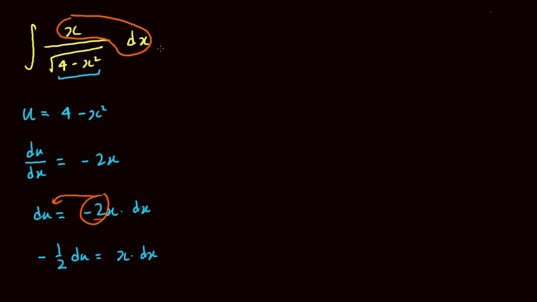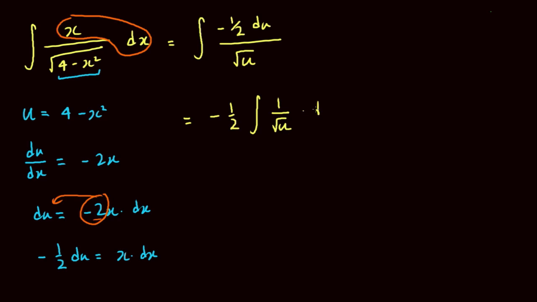So therefore the integral becomes far simpler. It's simply negative 1/2 du over the square root of u, and we can take the constant outside, so it becomes negative 1/2 integral 1 over square root u du.